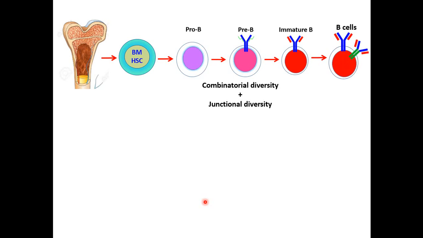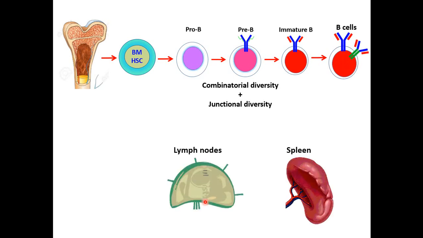They have a high level of diversity. And these B cells like to go to particular regions of the secondary lymphoid tissues: to lymph nodes, to spleen, and also to mucosal surfaces. But usually when they go to mucosal surfaces, they go to the so-called MALT, mucosa-associated lymphoid tissue.